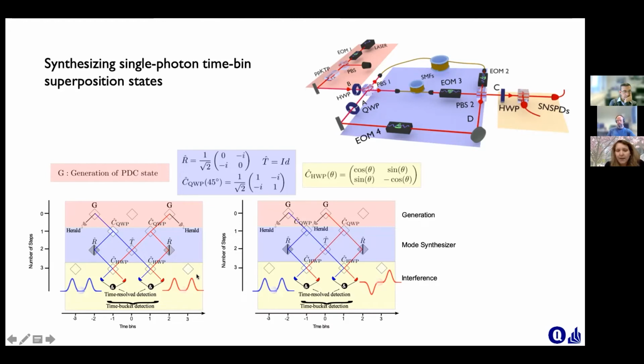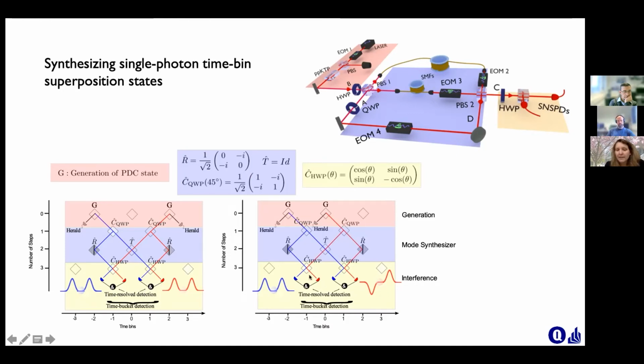And the interesting thing is we programmed it such that in the one case, the two blue lines and the two red lines, the photons, are in exactly the same superpositions, and then they interfere delocalized on that beam splitter. And we measured them with these four individual detectors, or we measured them in a way that we took some of the counts together, and it corresponds to a time bucket detection, so we can analyze coherent features.